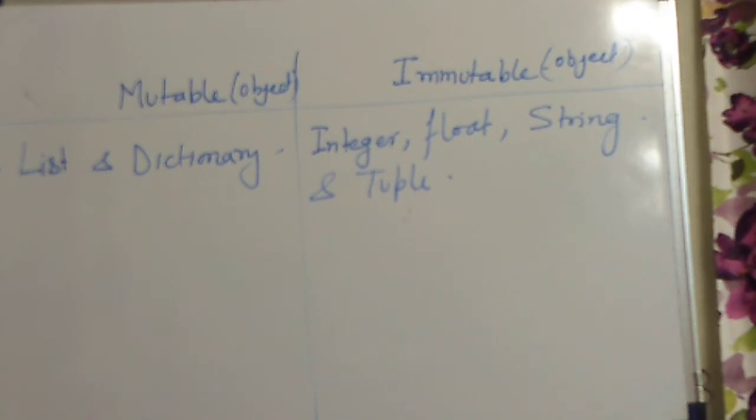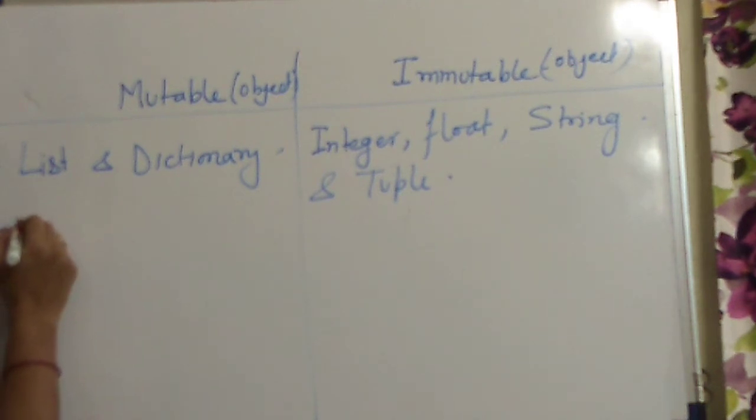Now you may write the definition for mutable. When we change their data, the same object gets modified. What happens in mutable?